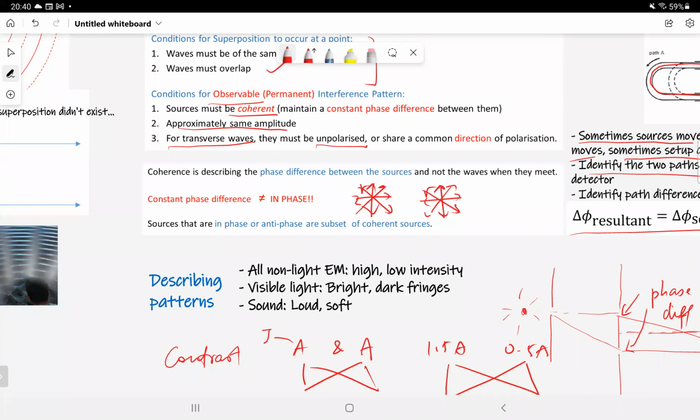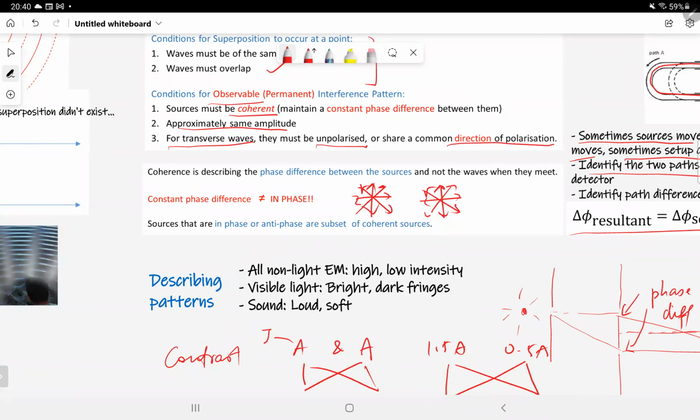Therefore, when they meet, a wave of one plane can always find a wave of the same plane from the other wave to constructively or destructively interfere. Everyone can find their matching same-polarization partner. So unpolarized is good. If not, then they must share the same plane of polarization.